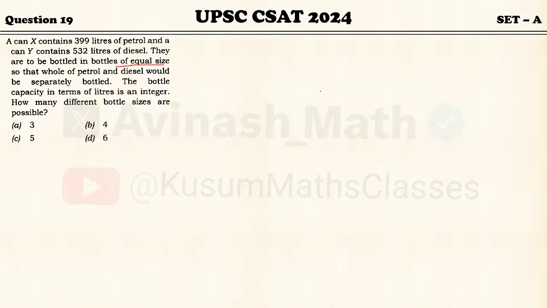तो देखिए क्वेश्चन ये कह रहा है कि आपके पास दो कैन हैं। एक कैन है आपका X, और ये Y। X contains 399 liters of petrol, and Y contains 532 liters of diesel.